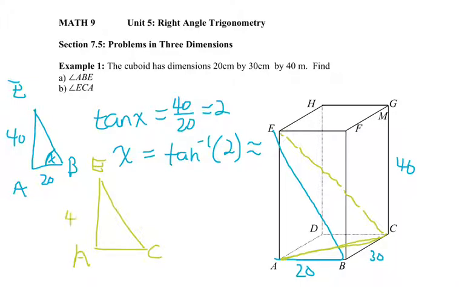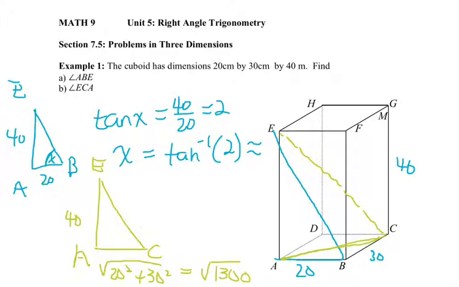So EA is still 40, but now AC is the hypotenuse of this triangle. And so AC is going to be the square root of 20 squared plus 30 squared. So that's 400 plus 900, square root of 1300 is what AC is going to be.